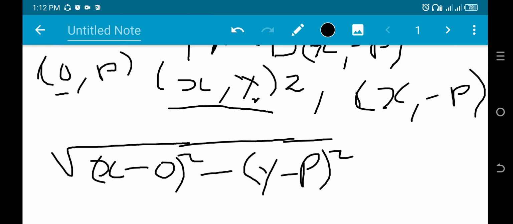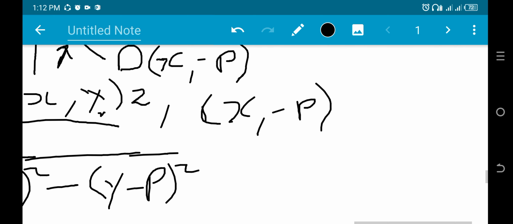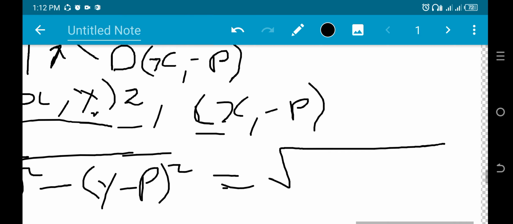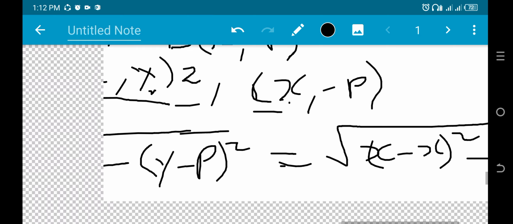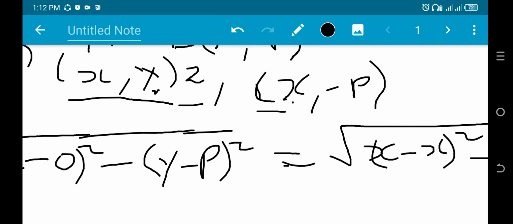squared. Then we are setting this equal to the distance formula for this set, the square root of x minus x squared, less, pardon me, here it's supposed to be a positive.